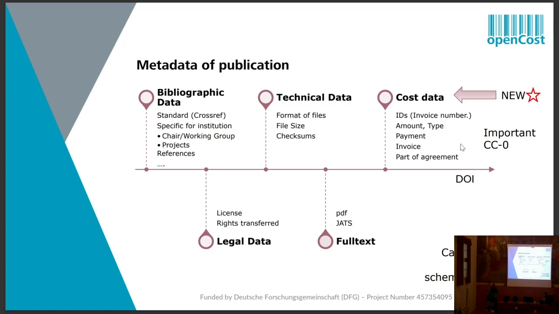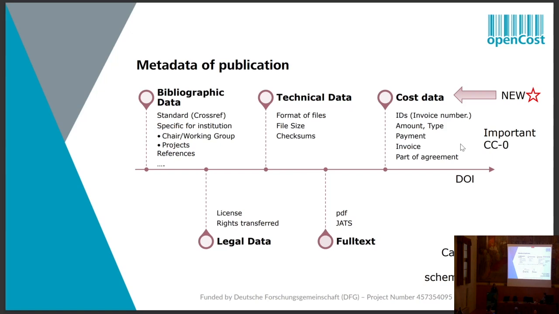We would add a new kind of metadata, the cost data, which includes maybe the invoice number, the amount paid, the type we are paying for, maybe APC, maybe color charges, etc., the payment, the invoice, or whether it's part of an agreement, a contract, and so on.